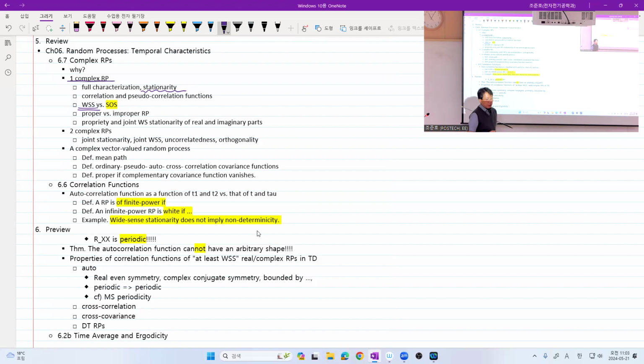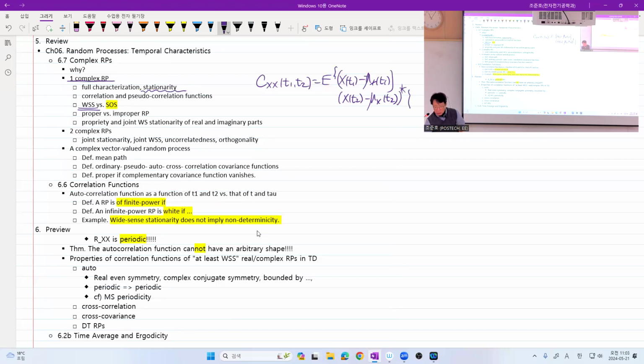First is the ordinary covariance function, defined as the expected value of x of t1 minus the mean of x evaluated at t1, times x of t2 minus the mean of x evaluated at t2, conjugate. So this is the ordinary covariance function of a complex random process x. But we also have the pseudo covariance function where we don't have conjugation.